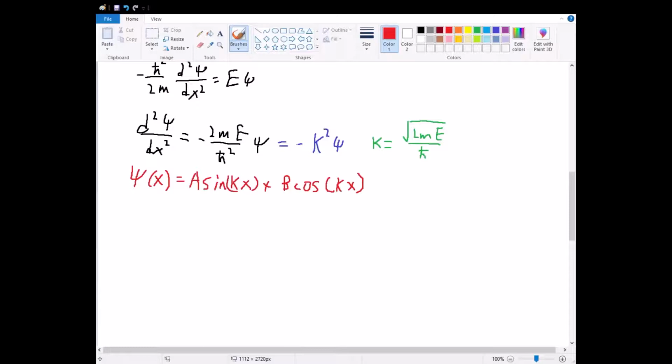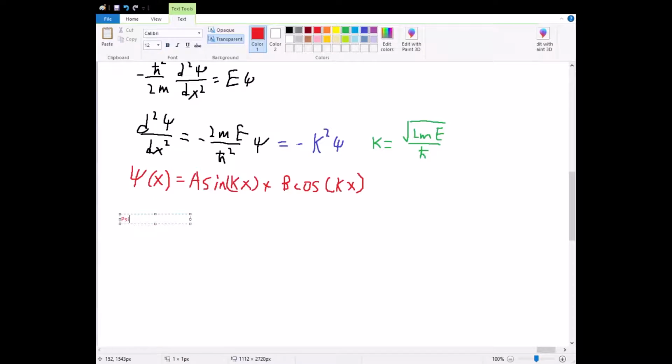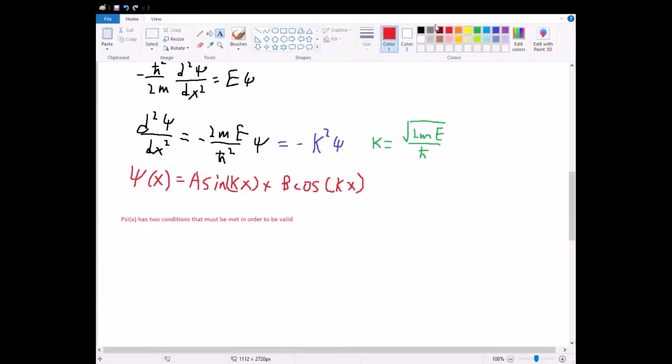To understand what that actually is, we need to recognize that there are a few conditions that little psi needs to meet in order to be valid. So little psi of x has two conditions that must be met. Let's look at these one by one.